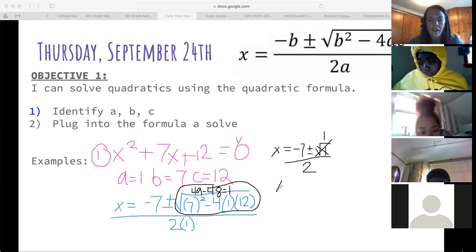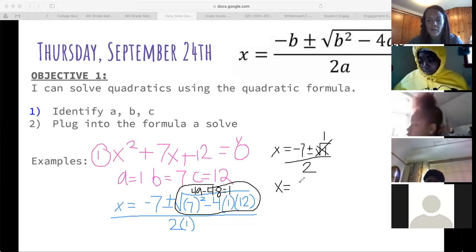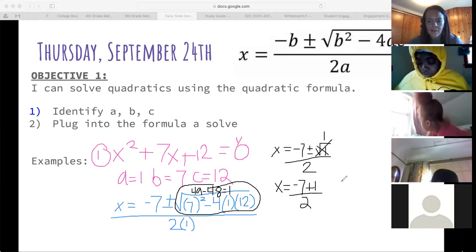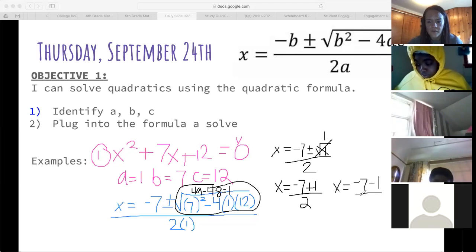From here now, we actually have 2 problems, and that's what this plus or minus means. So my first problem is negative 7 plus 1 divided by 2. And my second problem is negative 7 minus 1 divided by 2. So that's where I'm ending up with 2 solutions.